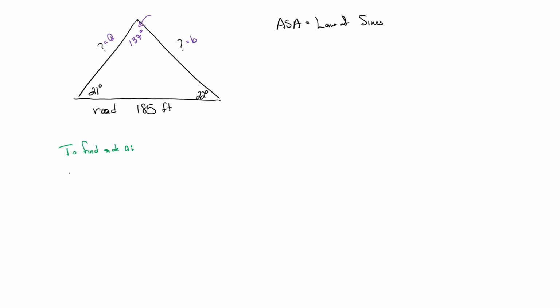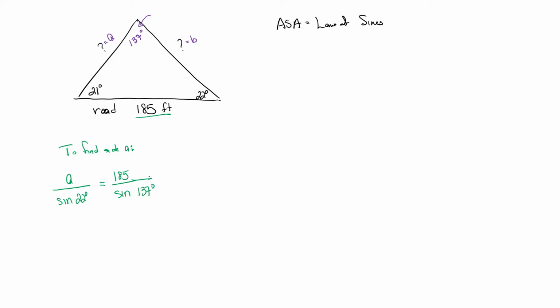So I'm trying to find A, which means I'm going to put that side over the angle opposite it. And I know the 185 feet, so I'm going to put 185 feet over the angle opposite that.